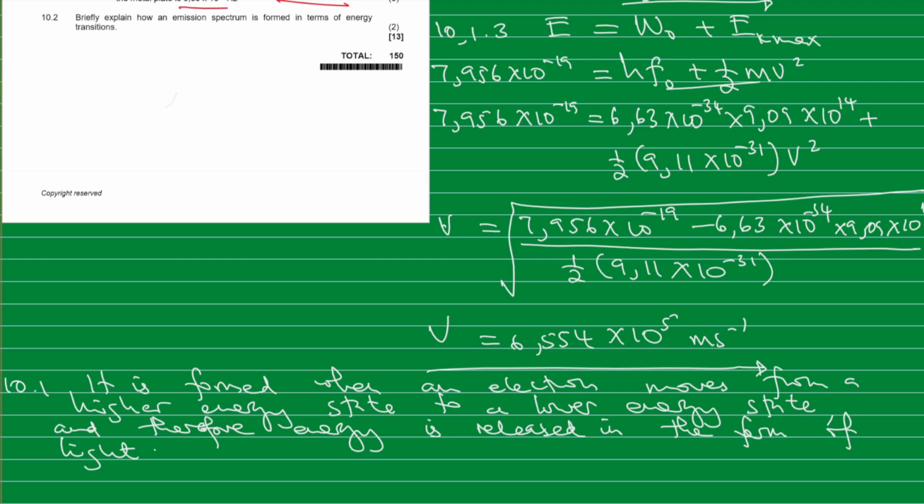So that is how you can briefly explain the emission spectrum. With the absorption spectrum, it is the opposite, where an electron moves from a lower energy state to a higher energy state. In other words, it absorbs energy. In this case, there is release of energy.